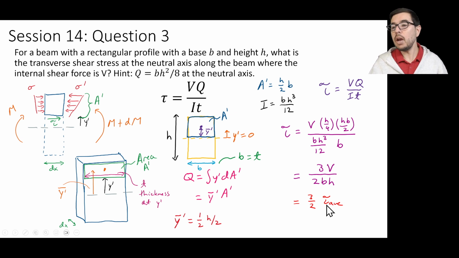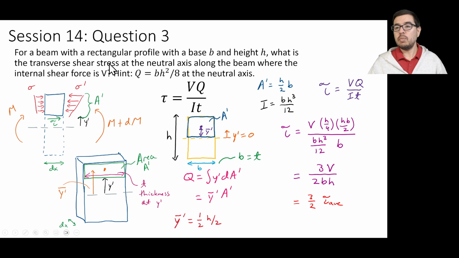If we know the average shear stress, which in this case would just be the V, the shear force, divided by bh, we can multiply simply by 3/2 to get the maximum transverse shear stress.